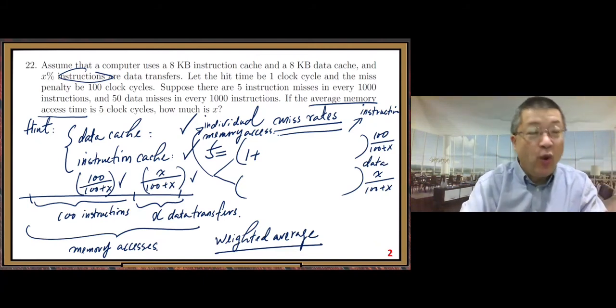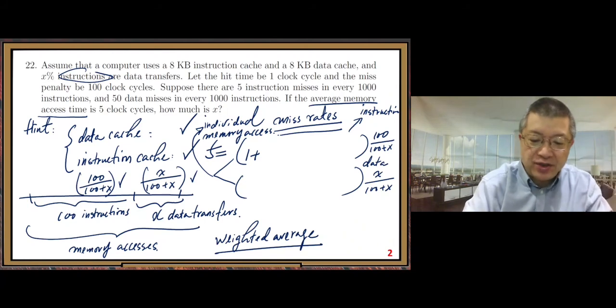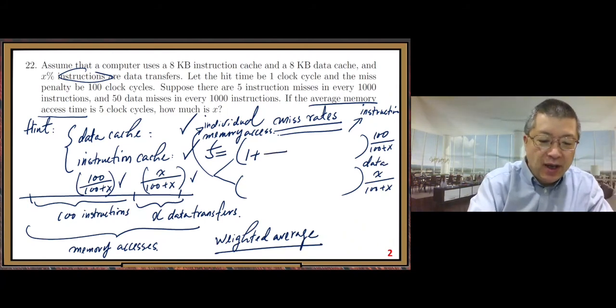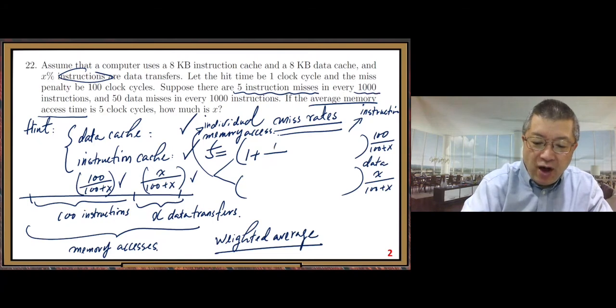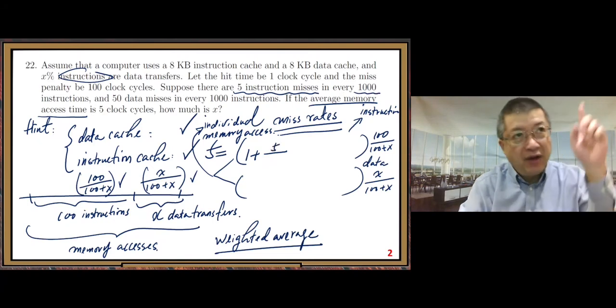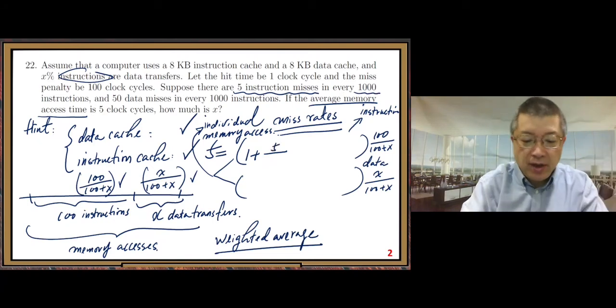Miss rate for the instruction cache: 5 instruction misses every 1,000 instructions, so the denominator is 1,000. Why?